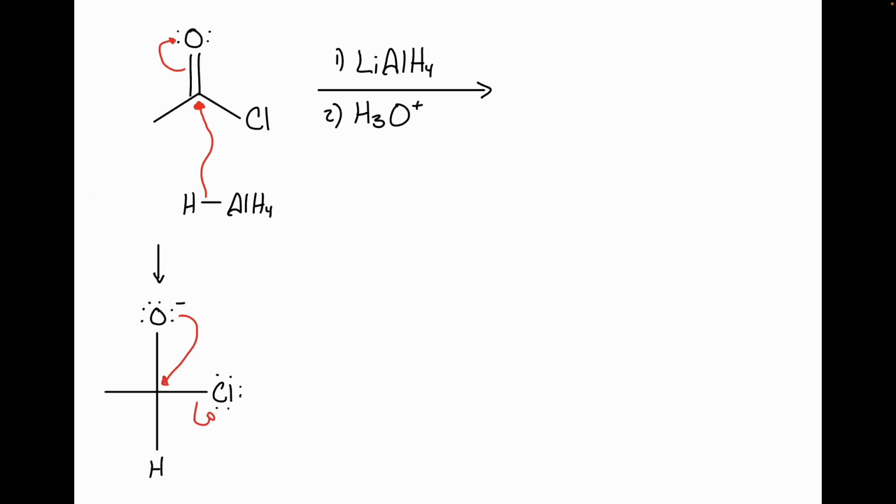All right, my tetrahedral intermediate is not stuck. It's going to kick off that leaving group, giving me an aldehyde. But what do we know about aldehydes and lithium aluminum hydride? They're going to react. So same thing, we're going to have one more round here of reaction. Another aluminum hydride.